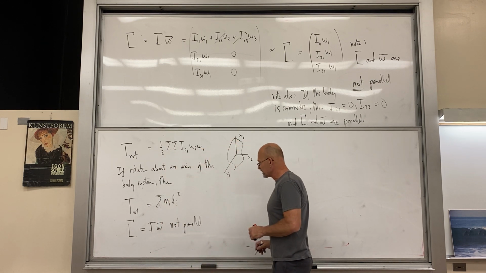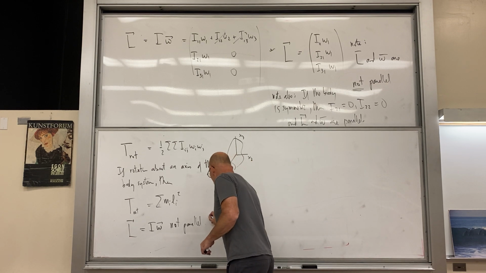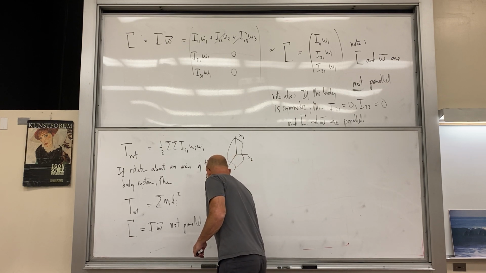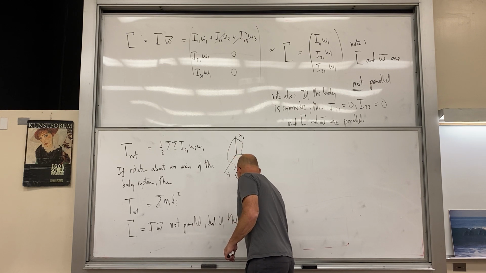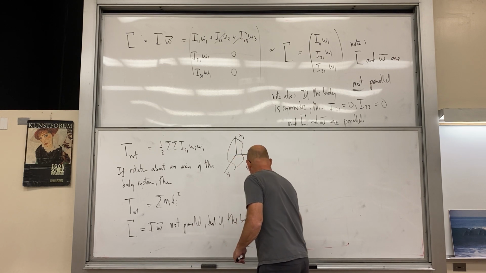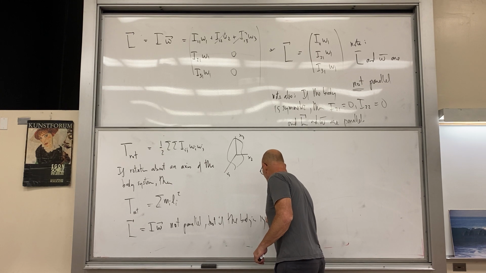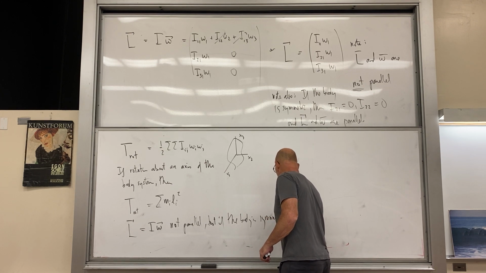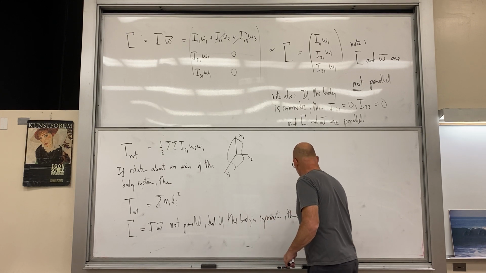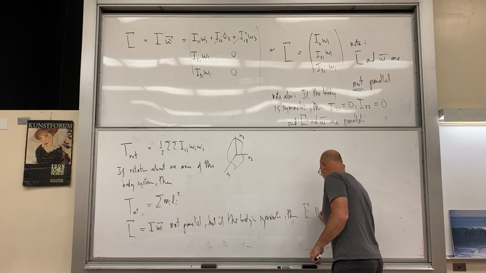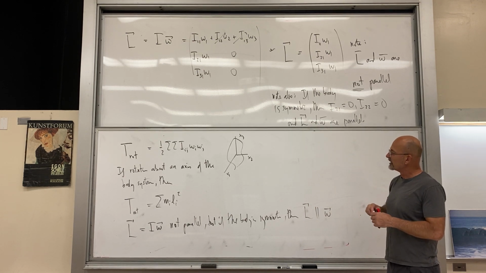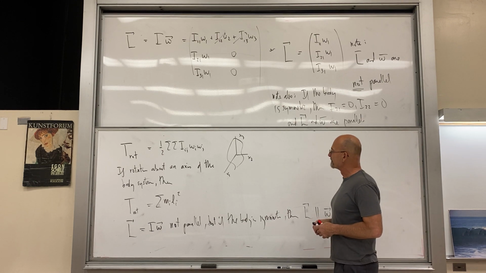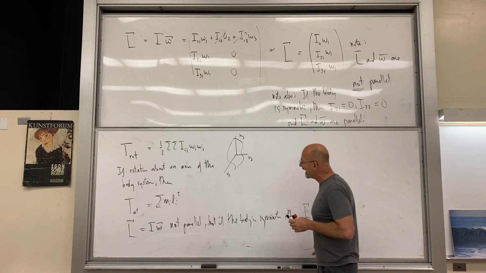Because of the matrix multiplication, but if the body is symmetric, then we have the parallel. Okay, symmetric, then L is parallel to omega. Okay, so we have that so far. That's the resume.